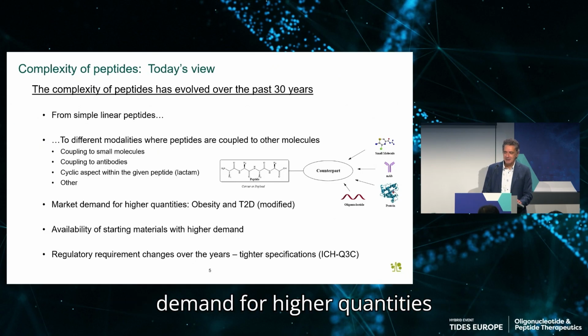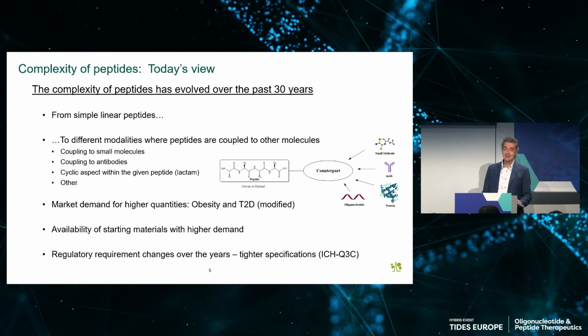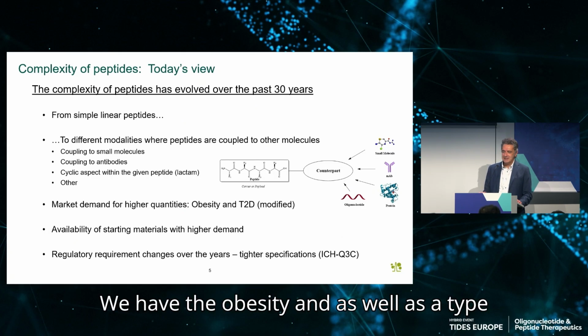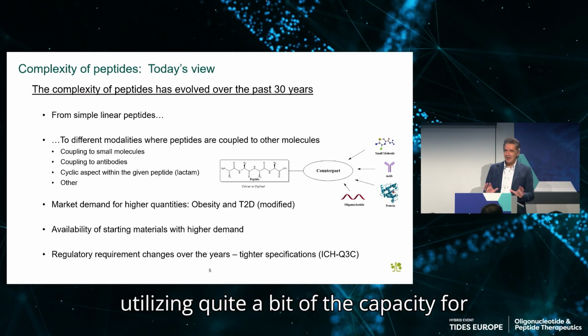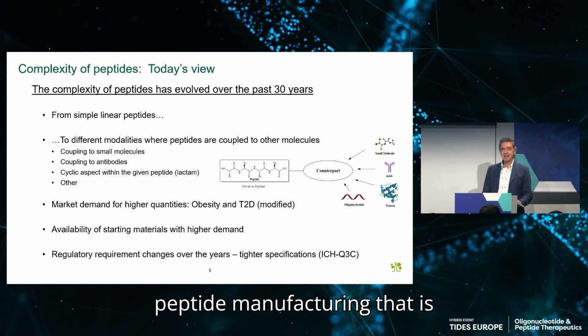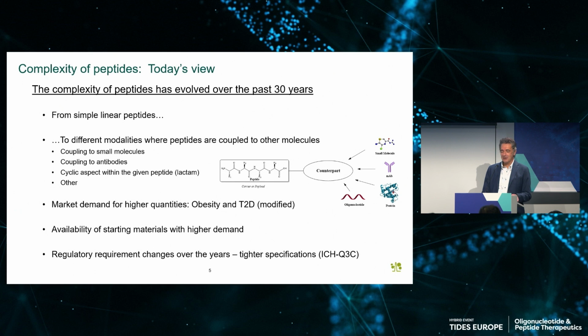And the market demand for higher quantities is here. We have the obesity and type 2 diabetes market that is utilizing quite a bit of the capacity for peptide manufacturing that is currently available.